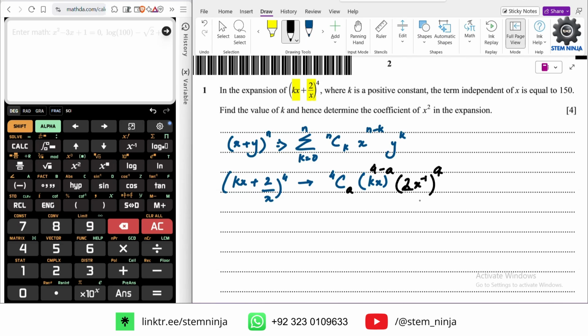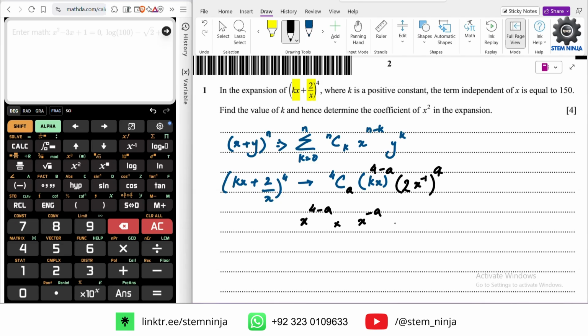This is the general form of every term that we will see in this binomial expansion. So we need to know when x raised to power 4 minus a times x raised to power minus a cancel out.